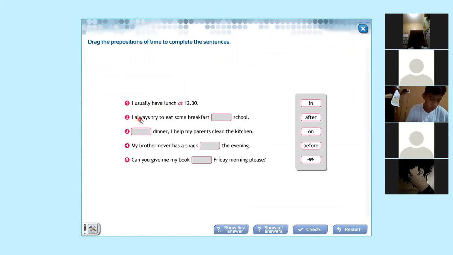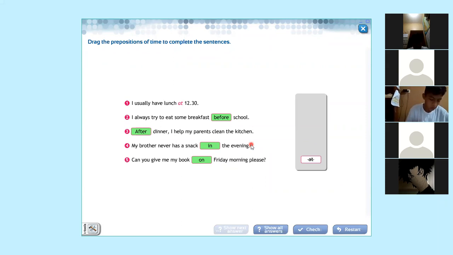I always try to eat some breakfast before school. Number three: After dinner, I help my parents clean the kitchen. Number four: My brother never has a snack in the evening. Can you give me my book on Friday morning, please?